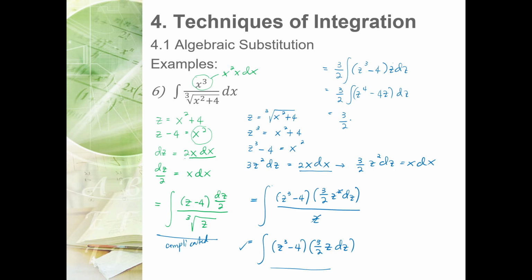So 3 halves times z to the 5th over 5 minus, this becomes 4z squared all over 2 plus c. So 3z to the power 5 all over 10 minus 3z squared plus c.